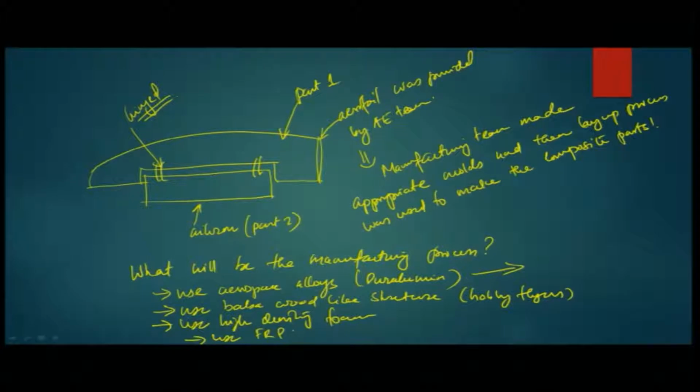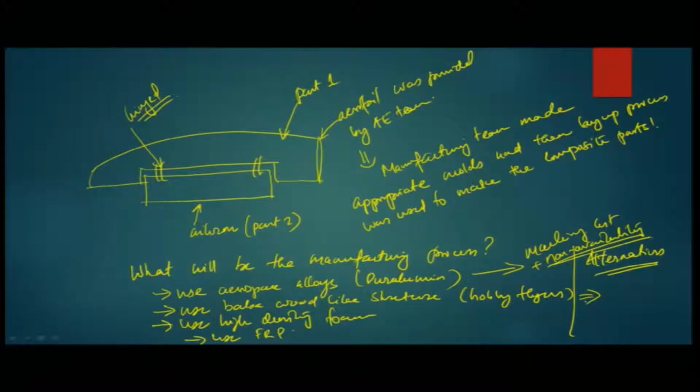The aerospace alloy was ruled out. This is what you call alternatives. It was ruled out because of the machining cost plus non-availability. Non-availability means this is not readily available in the open market. The balsa wood option was ruled out because it restricts a lot of the manufacturing, as well as moisture and other things.